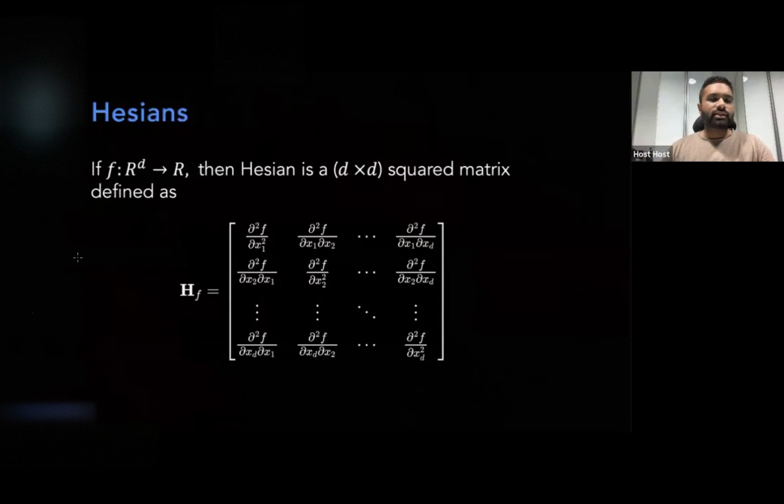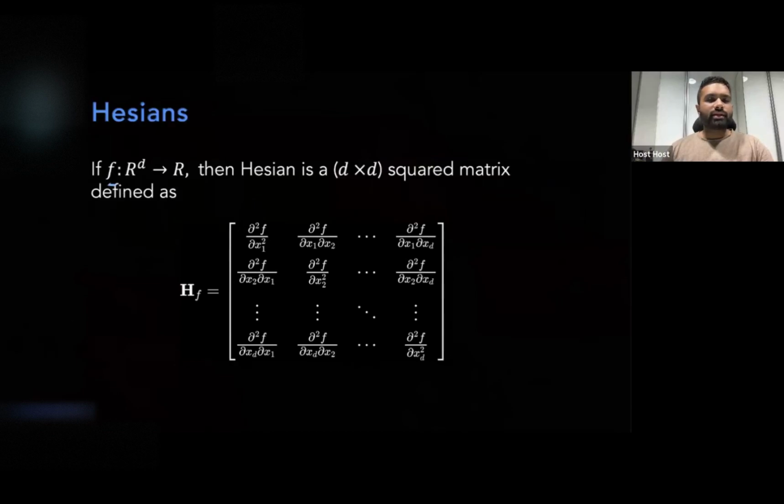So the Hessian is defined as follows. Let's say a certain function takes d input variables and outputs some real value. Then the Hessian is a d cross d matrix, and every entry is a second derivative. The ith row and jth column entry is the partial derivative of f with respect to xi first, and the partial derivative with respect to xj afterwards.